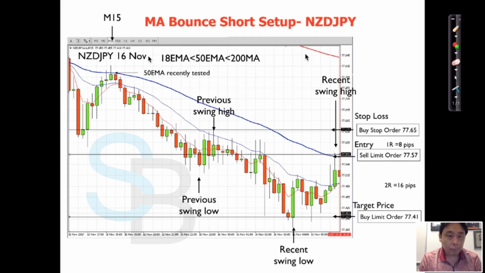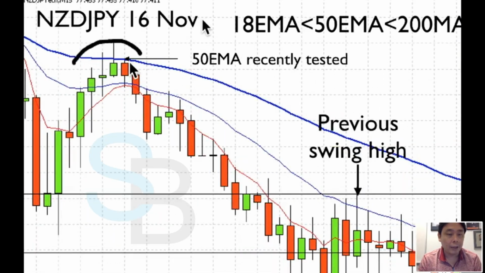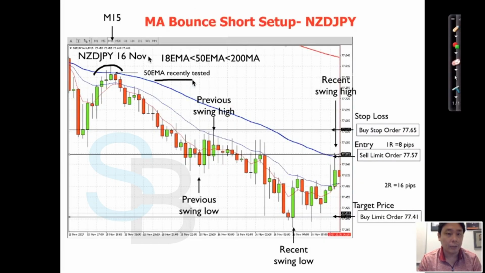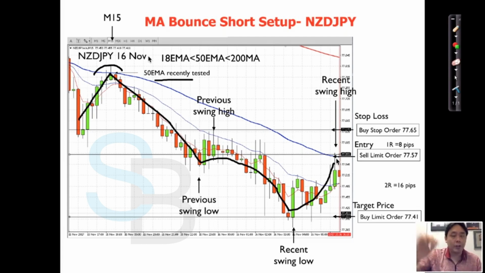Next, we see the price finding resistance at the 50 EMA. So it has been recently tested to be strong, hits the 50, comes down, right now it's going up and it's going to hit the 50 again. So at that point of time, we're getting ready to place our sell order right at that 50 moving average, and we are hoping it's going to hit that price and we get filled at that price, and then it will go down as we anticipate.